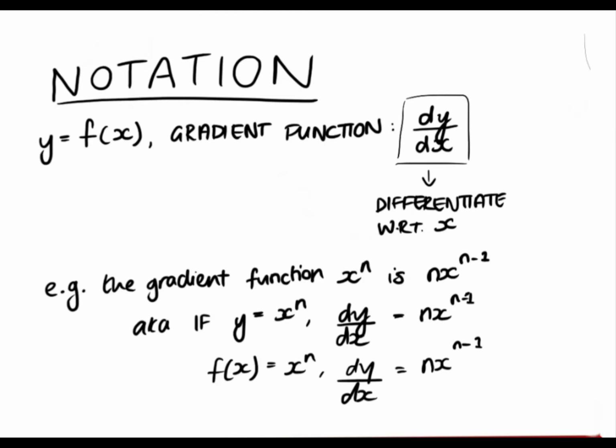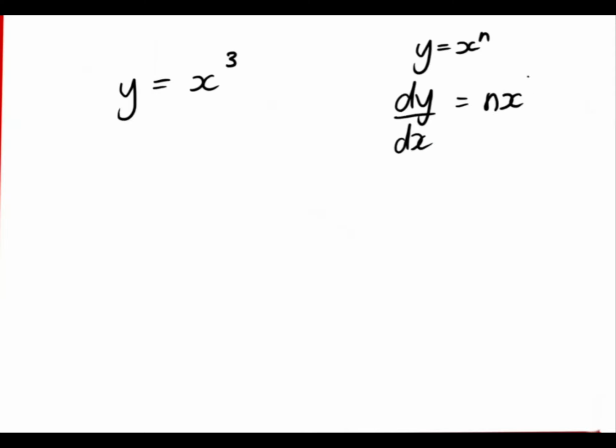So that's all well and good, but obviously it makes most sense when we actually have examples to talk about. Say we've got a graph with the function y equals x cubed. And up here, I'm just going to remind you that for the function y equals x to the power of n, dy by dx is equal to nx to the power of n minus 1.